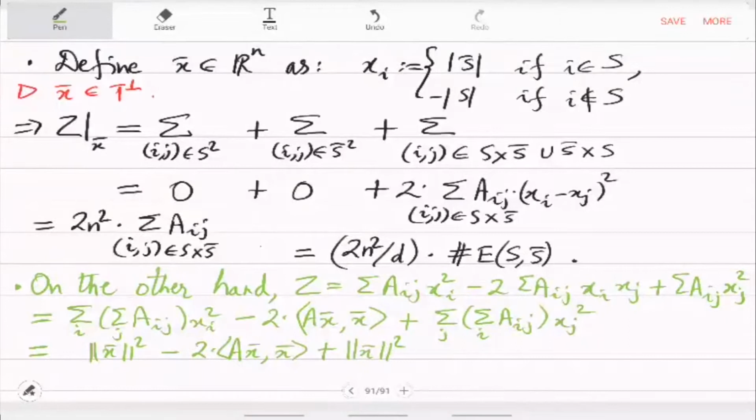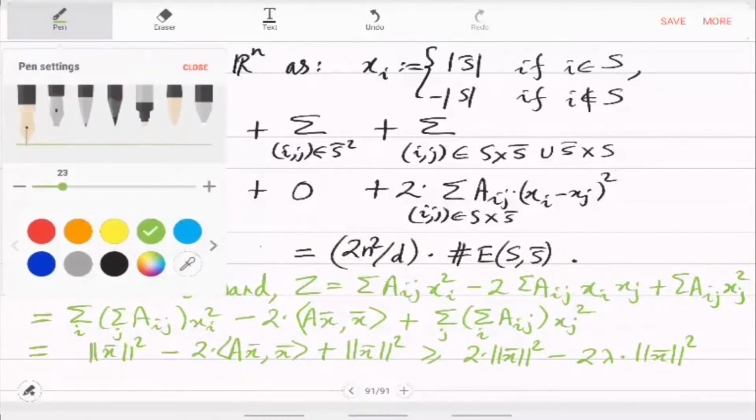So this is greater than or equal to two lambda times x bar square.